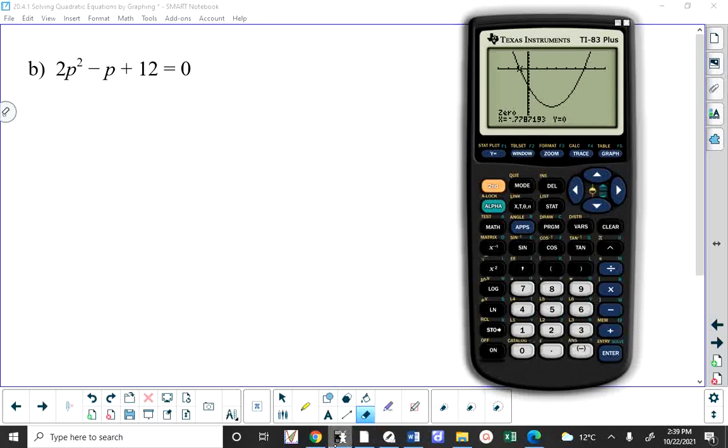We could graph this by completing the square and using what we learned last unit, but I don't think it's necessary. Give me 1 second, Seamus, and then I'll be right with you. So it is 2x squared minus x plus 12. Go ahead, Seamus.